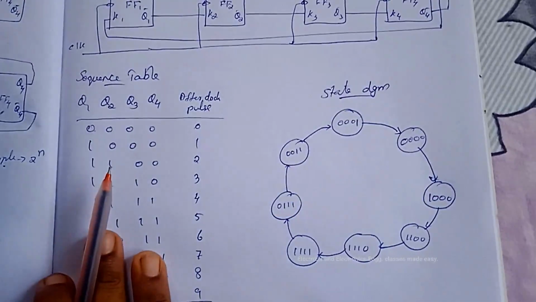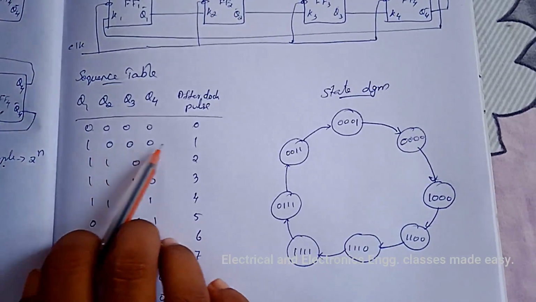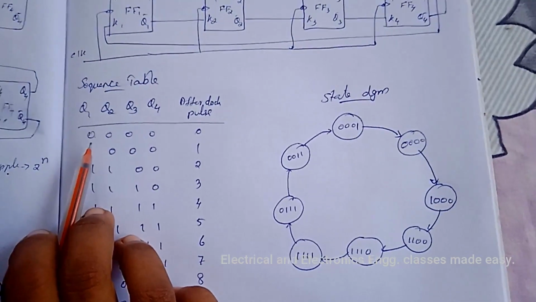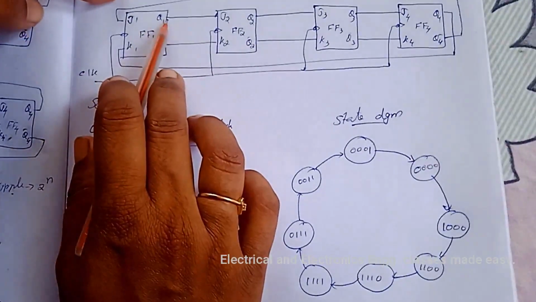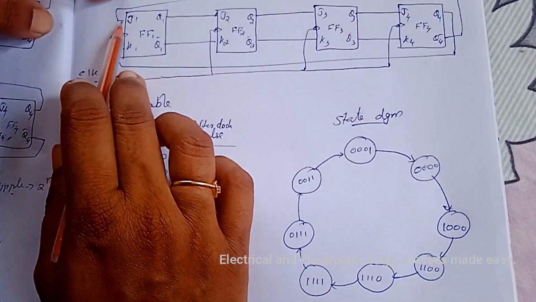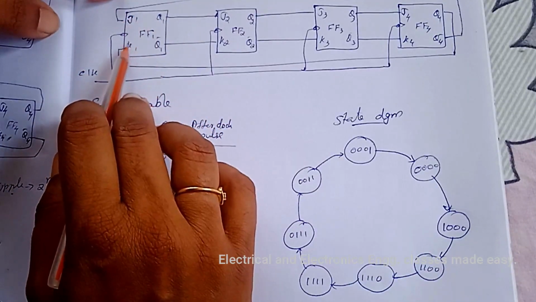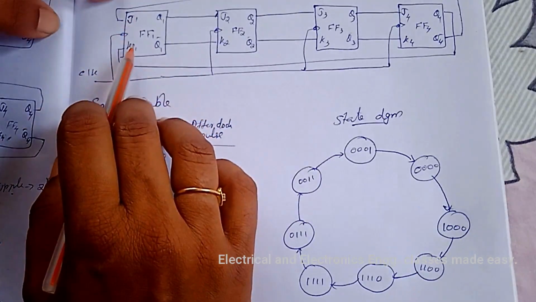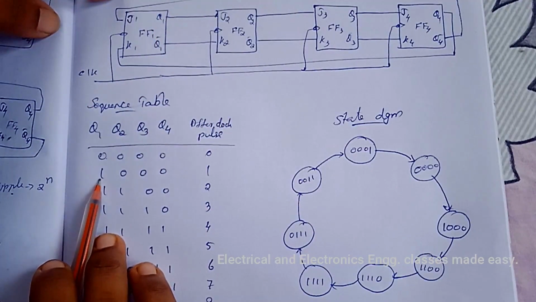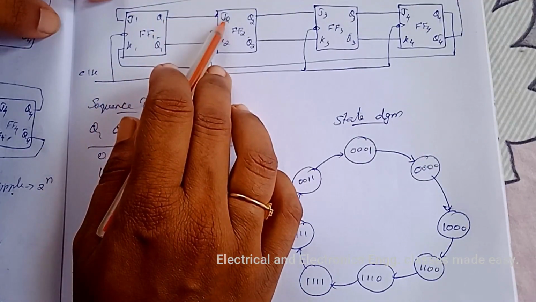By looking at the sequence table, after the first clock pulse, Q1 is first 0, but Q4 bar is connected to J. So after the first clock pulse, this is 1, then this is 0. When the JK input is 1 0, Q will be 1. So we get this 1 here, and the previous 0 is shifted to the J input.